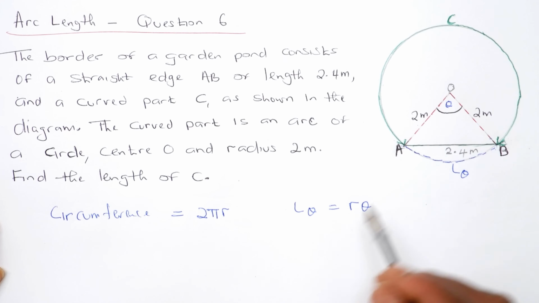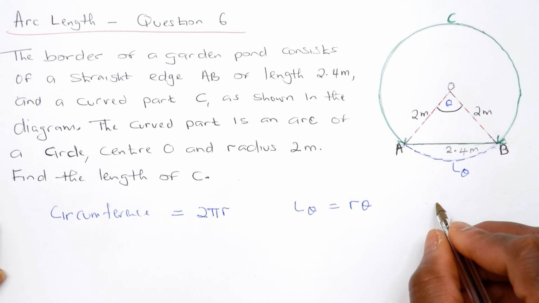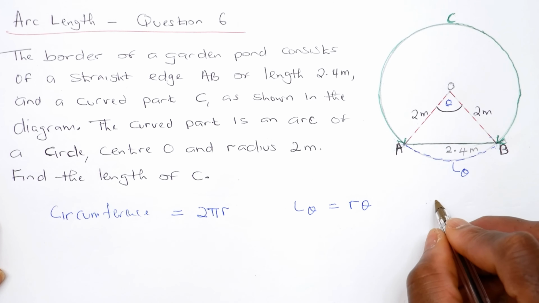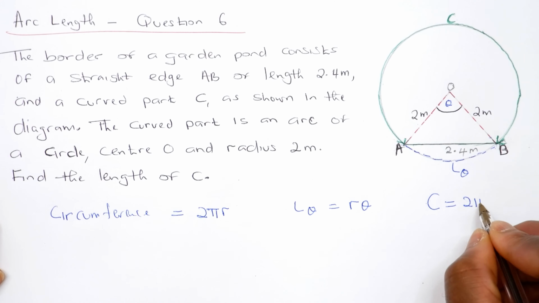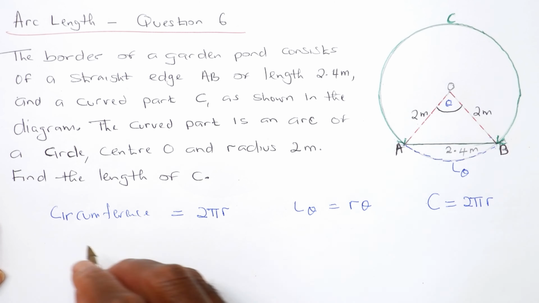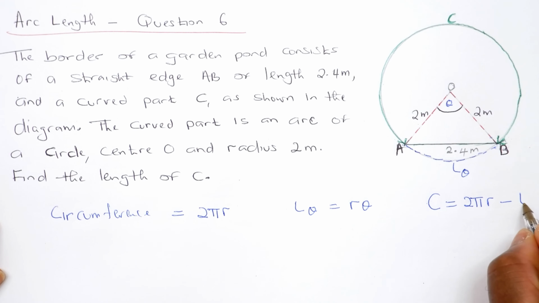So the formula I need is C equals 2 pi r, the circumference, take away AB, minus L subscript theta.